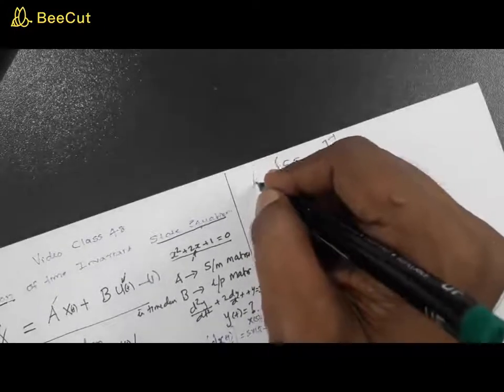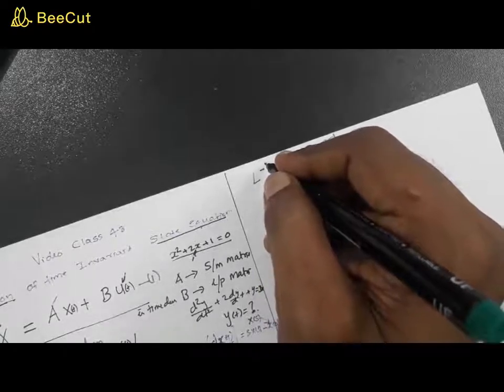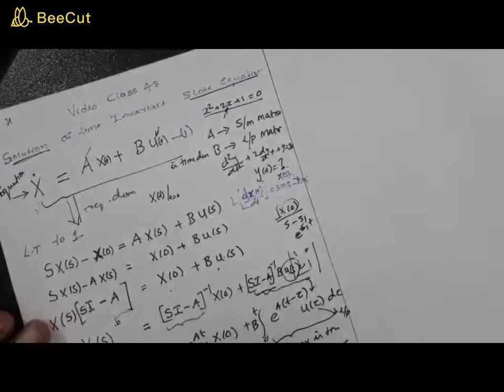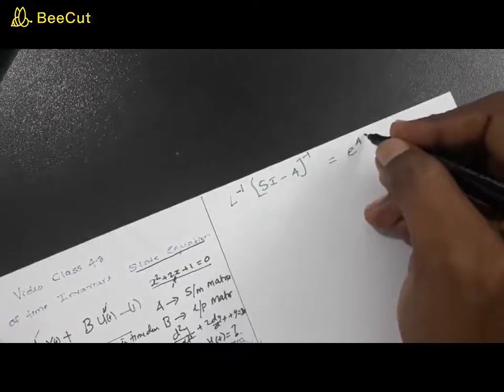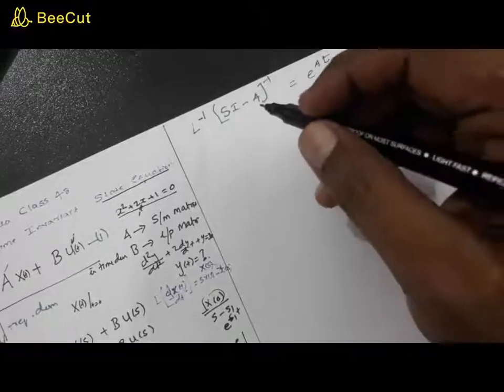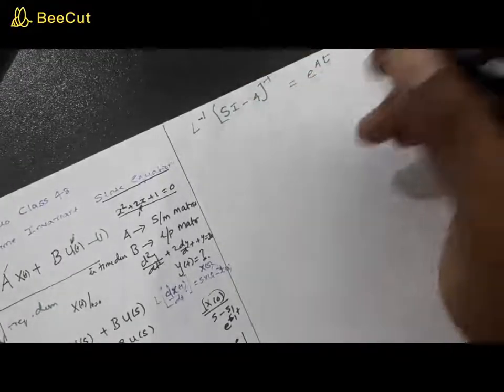Now if you find the Laplace inverse of this, what is that? I have just mentioned that it is equal to e raised to at. That frequency shifting property is simply applied, that's all, in the matrix form.